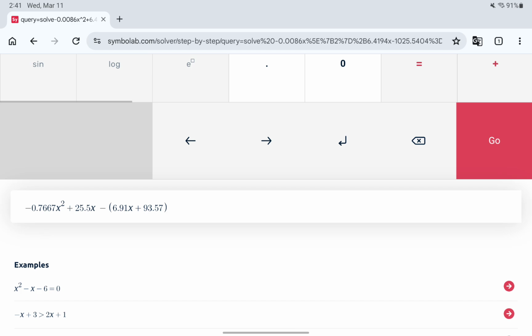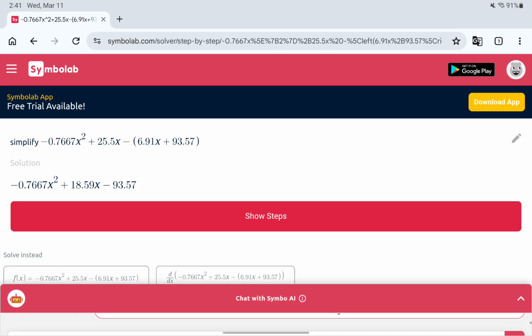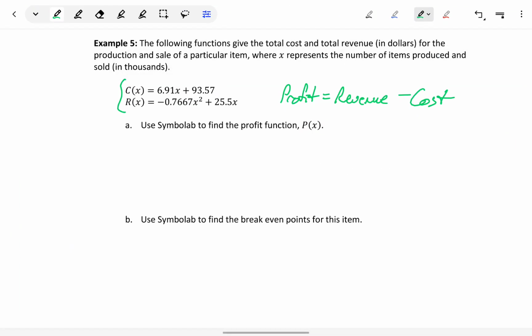Or we could take care of that manually as we type it in. But if we subtract that cost function inside a set of parentheses, the output will be our profit function. And then we could type that profit function in again and ask Symbolab to solve that equation set equal to 0.